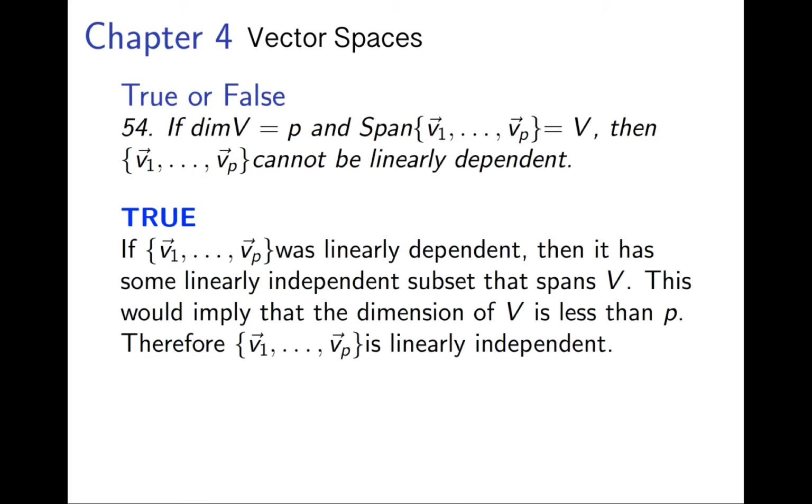Because if it has a spanning set that contains fewer than P elements, its dimension is going to be at most that size. But we said that the dimension of V is equal to P. Therefore, the set V1 through Vp is linearly independent.